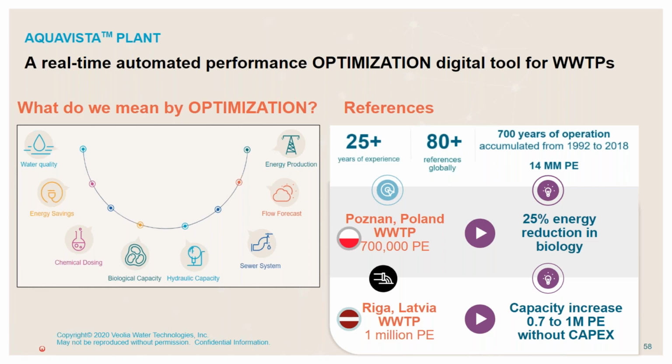Aquavista Plant is an advanced model predictive based solution for optimizing all kinds of areas at your facility. It's well proven. These algorithms have been developed and perfected over more than 25 years. And in the last 2 to 3 years, it's been brought into the cloud, which makes it easier to deliver.